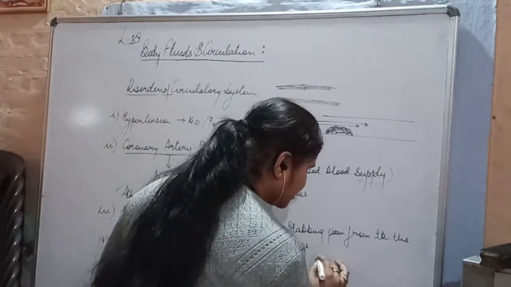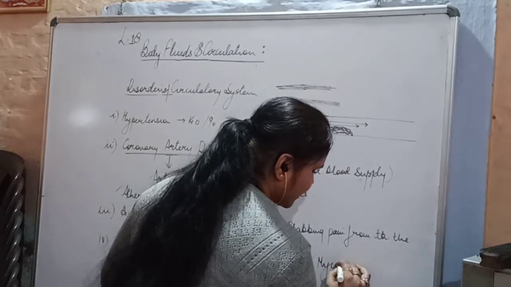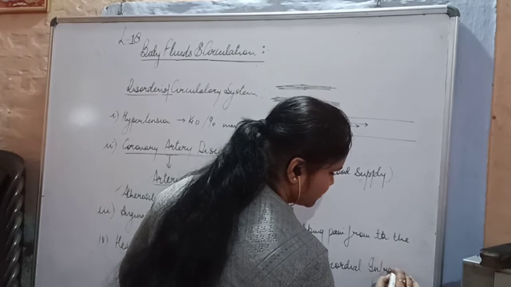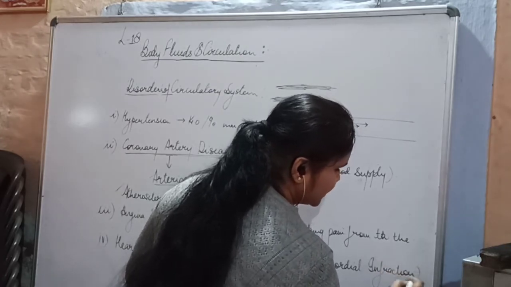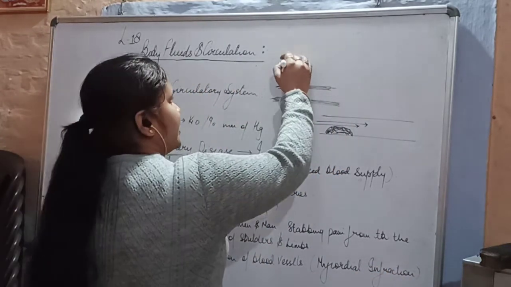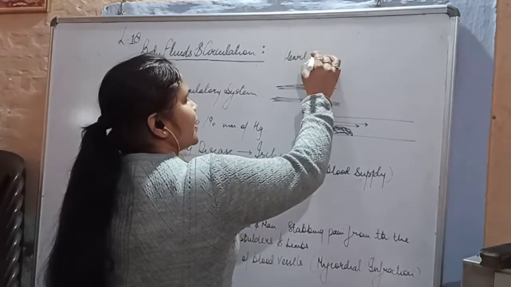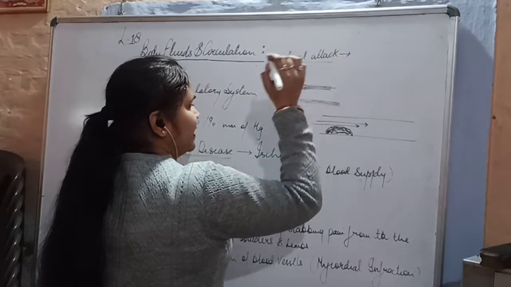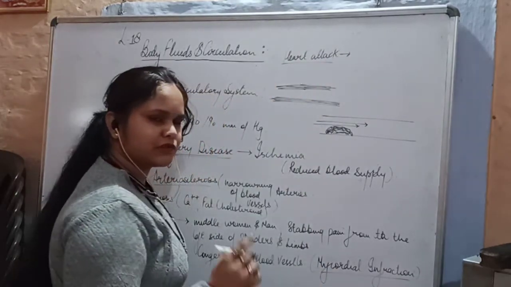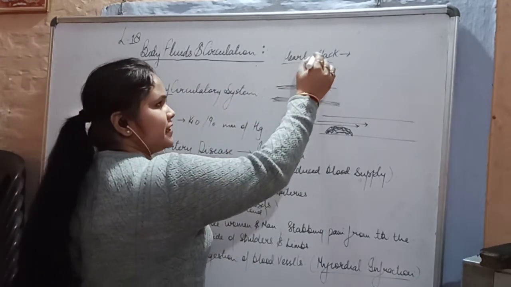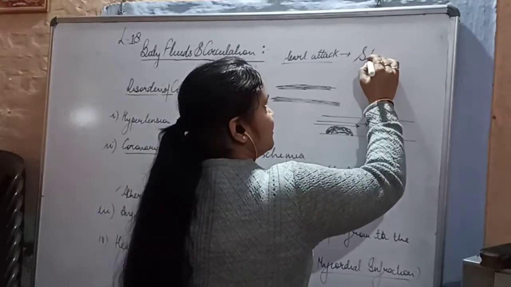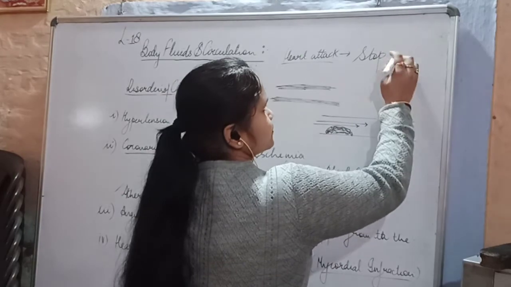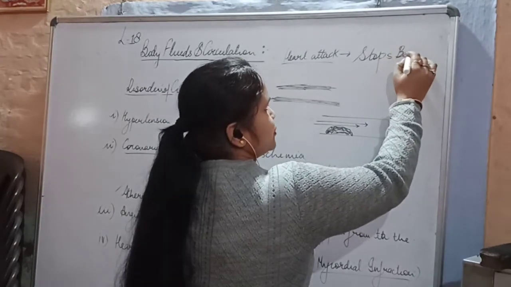You can also call it myocardial infarction. Now what happens in a heart attack? A heart attack is a totally different condition. Myocardial infarction is also called a heart attack. In a heart attack, our heart stops beating.